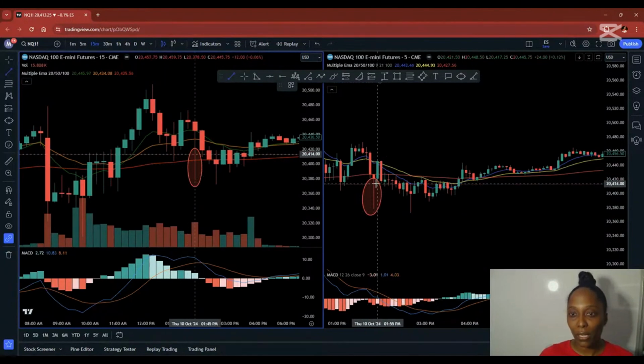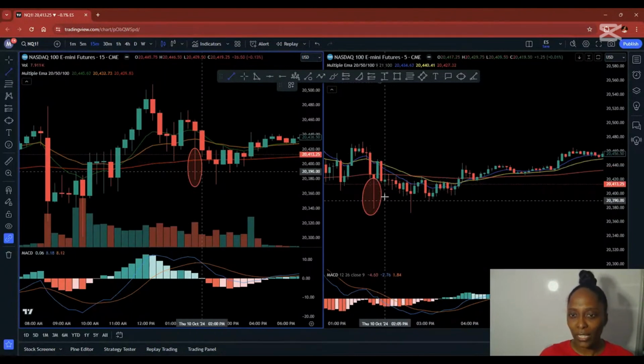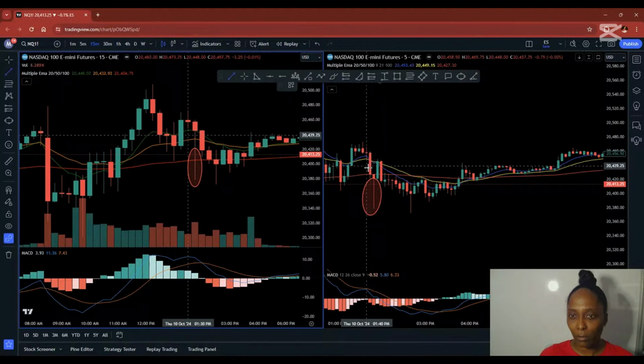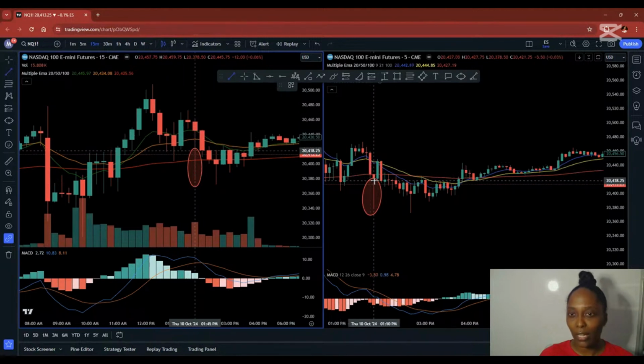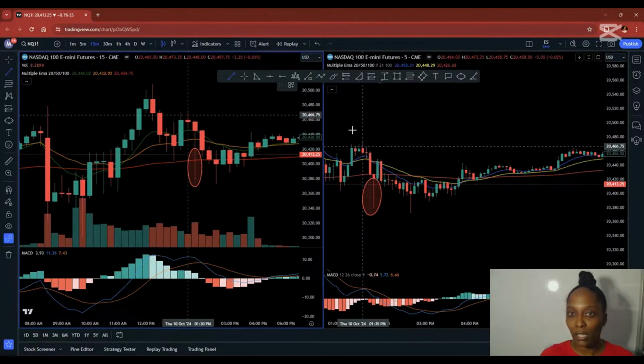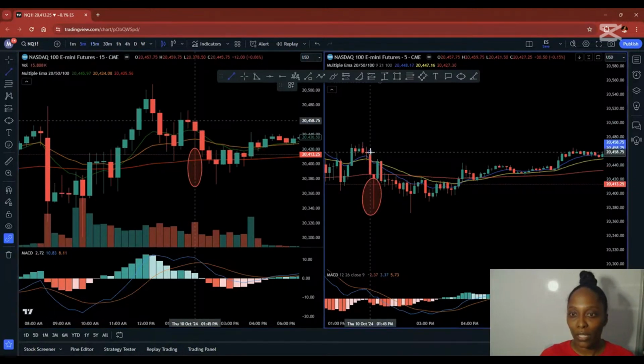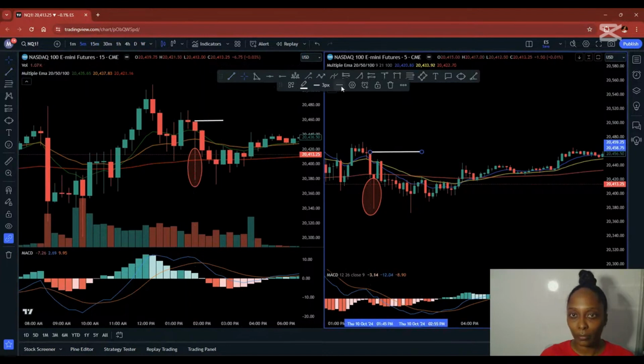So on the 5 minute, if I look at this entire pattern that has this big red momentum candle to the downside, another big red momentum candle to the downside where buyers bought it up, it turned into a hammer, and a green engulfing candle that engulfed the body of the hammer, but it failed to run the highs of this candle here.